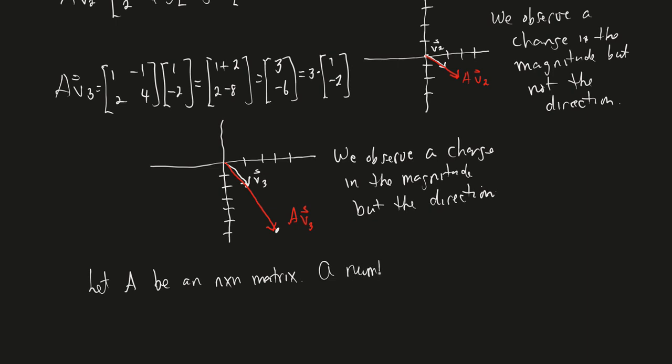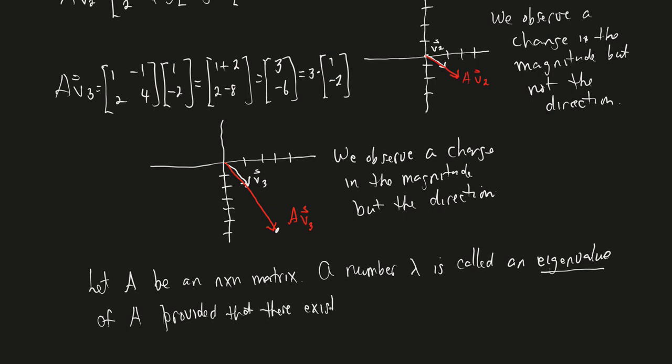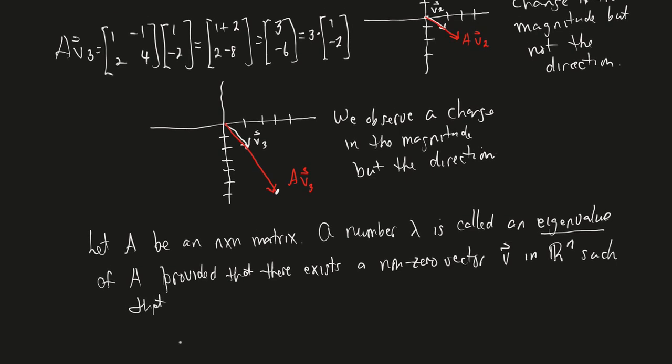A number, and we're going to denote this number lambda, is called an eigenvalue of A, provided that there exists a non-zero vector, and we're going to call that vector V, in Rn, such that this fundamental equation is true.